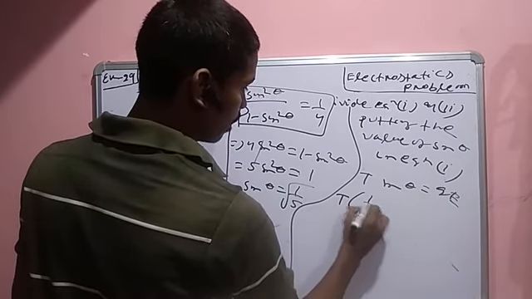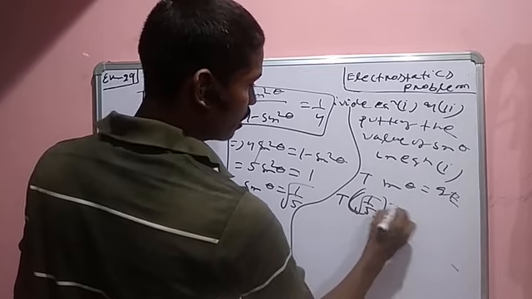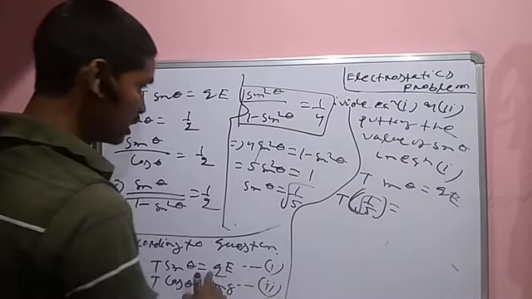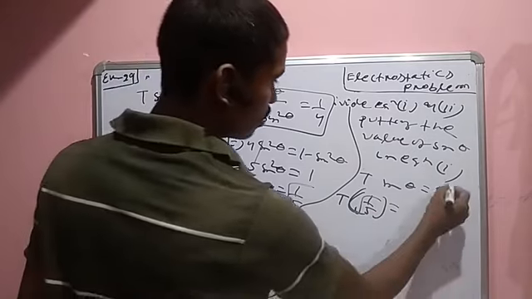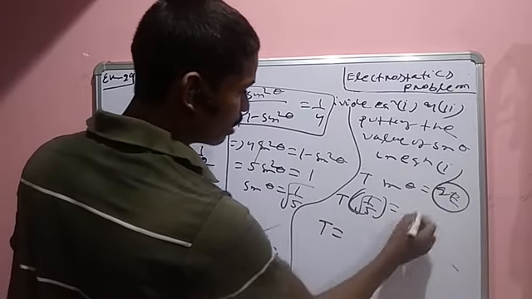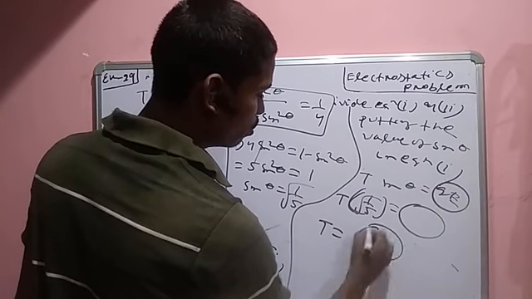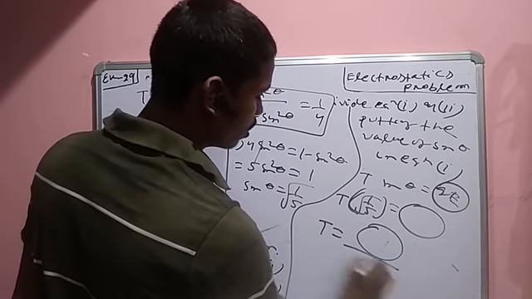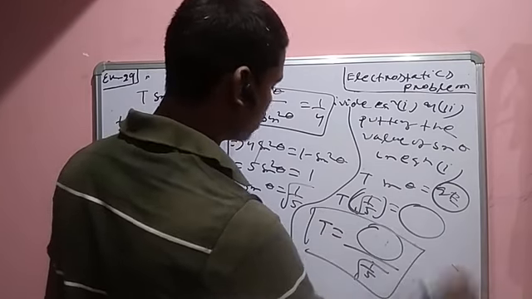T times 1 by root 5 is equal to QE, and we have already known the value of QE. Then finally T is equal to this divided by 1 by root 5. The value of tension is this.